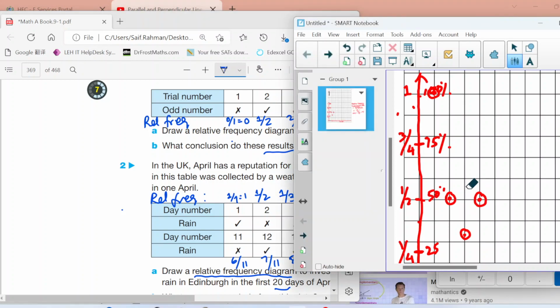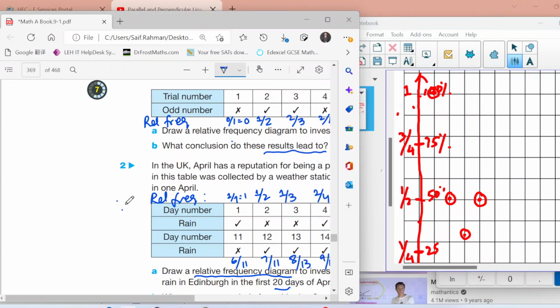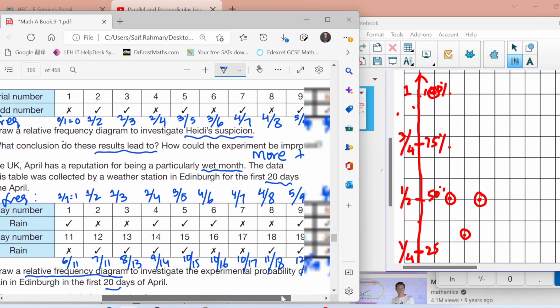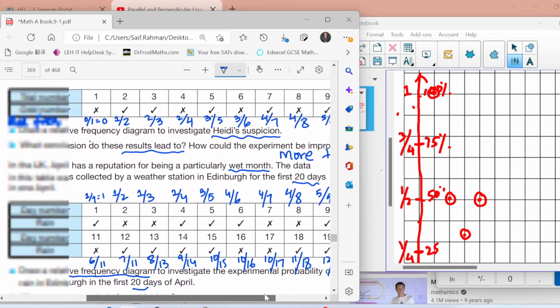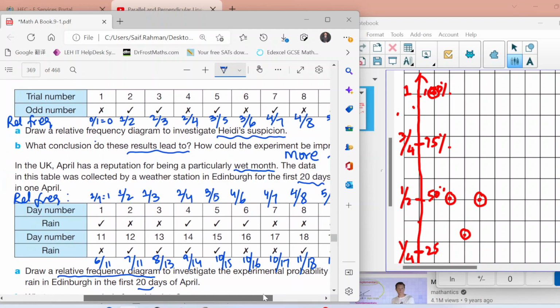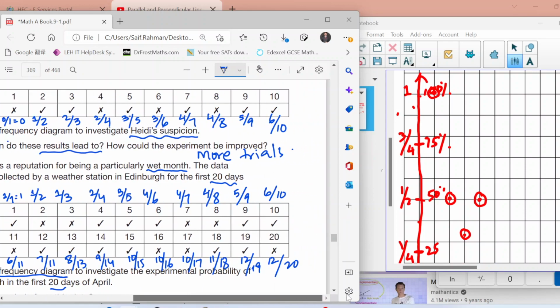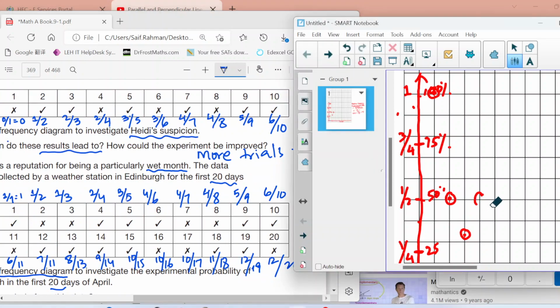And for the next experiment, it's 3 out of 5. 3 out of 5 is 6 out of 10, so 6 out of 10 is 60%.